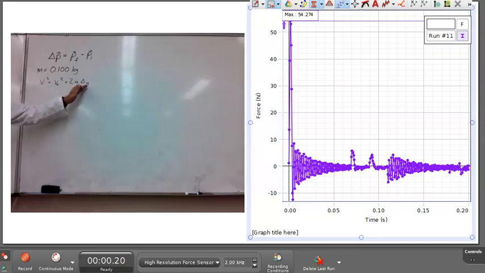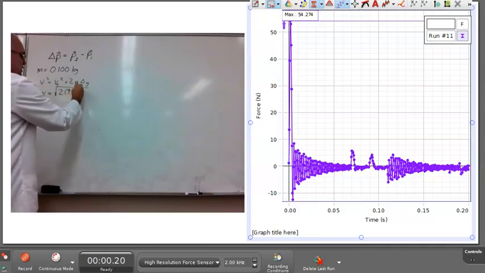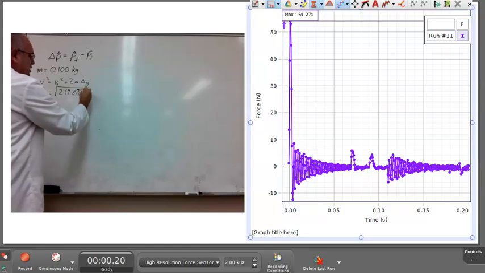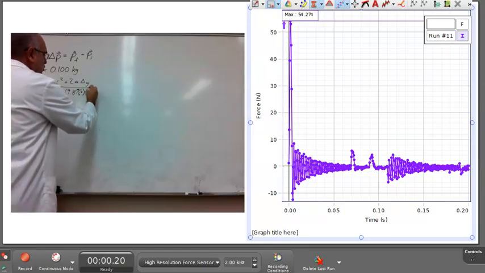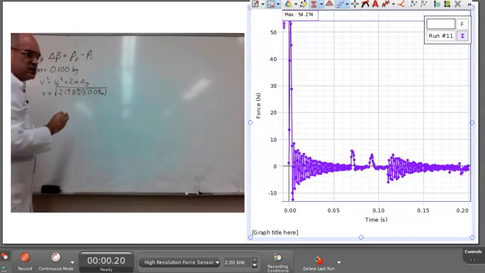Well, I'm given the height. The height is going to be 9 centimeters. And so v0 being 0, since we're dropping it from rest, we get v is going to be equal to the square root of 2 times 9.8 meters per second squared times 0.09 meters.